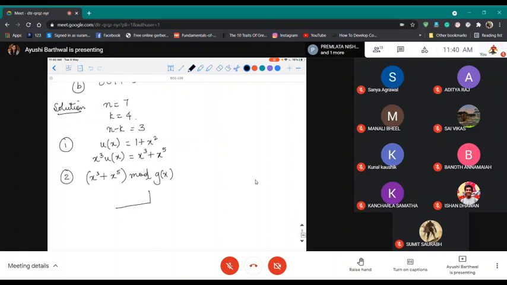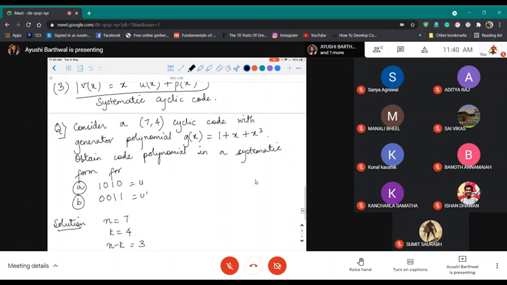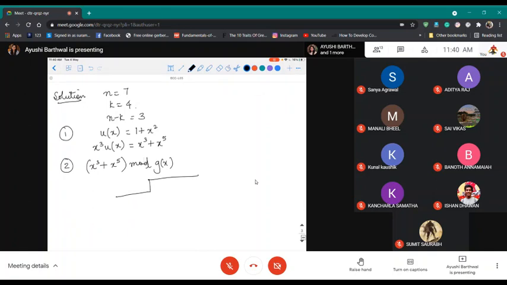So g(x) is 1 plus x cube, and this is x5 plus x cube, which is x cube u(x).